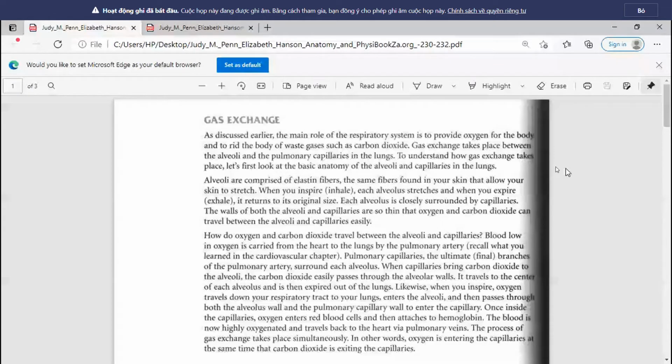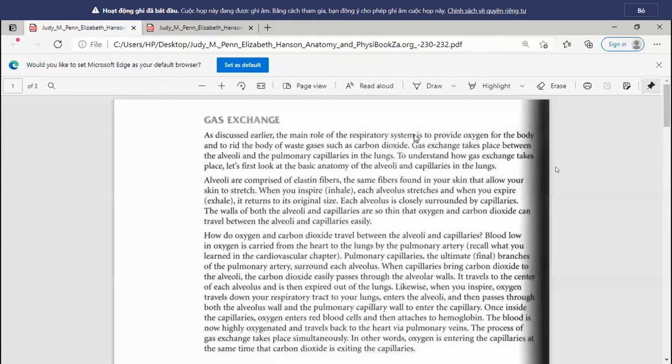The paragraph 1 and the line 2 and 3. Yes, very good answer. So the answer can be found in paragraph number 1, line number 2 and 3. You can see here, gas exchange takes place between the alveoli and the pulmonary capillaries in the lungs, right?